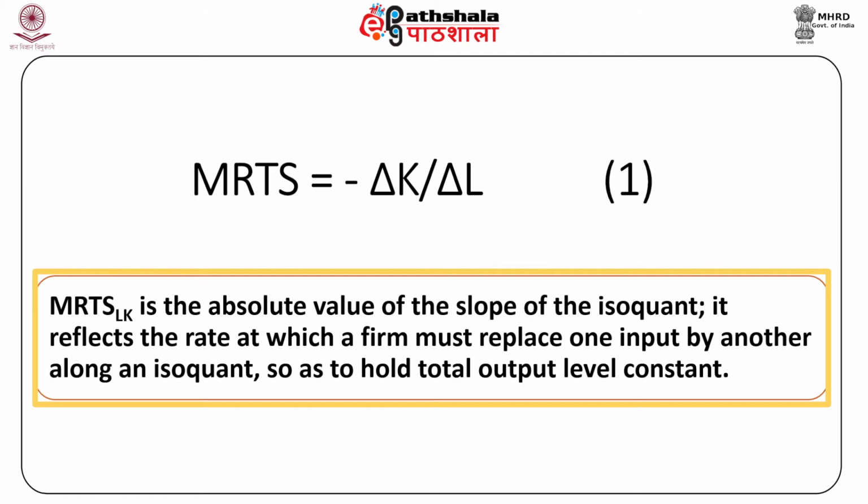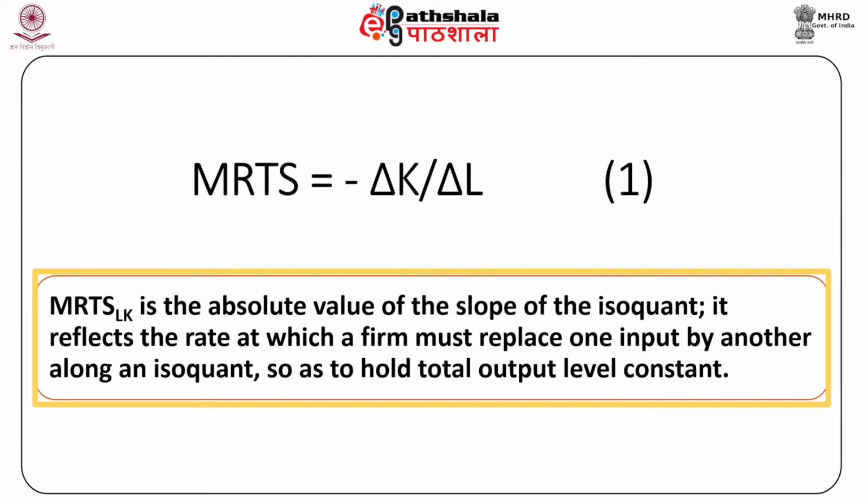So, 1.5 unit increase in L will be needed to hold the output constant as K is reduced further by 1 unit. Therefore, now the MRTS will be equal to 1 by 1.5, which is equal to 0.66, showing that MRTS declines along an isoquant as labor increases and capital decreases.